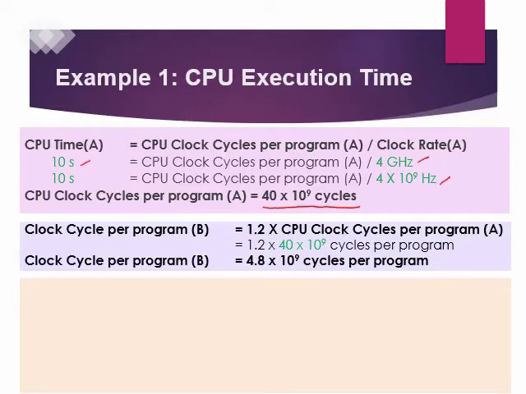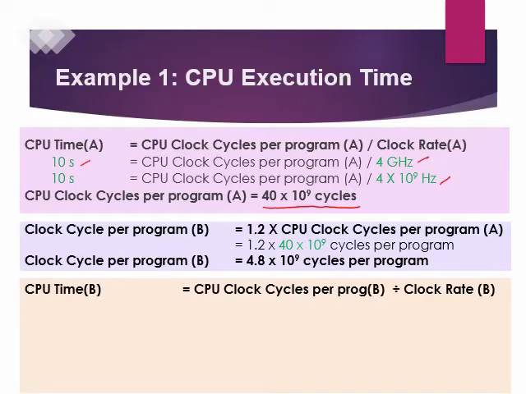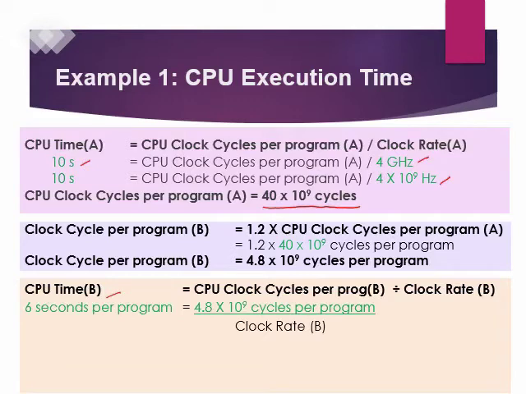Do it methodically, okay? One by one. Don't jump any formula, any calculation. Do it step by step. Once we have clock cycle per program B, then we can calculate, it asks for clock rate B. So use the formula again, CPU time B. We know CPU time B. Yeah, we know CPU clock cycle, which is from here. Then we can get our clock rate.